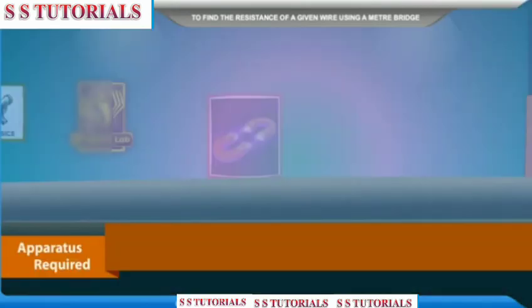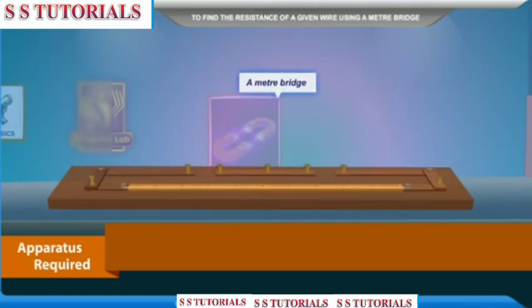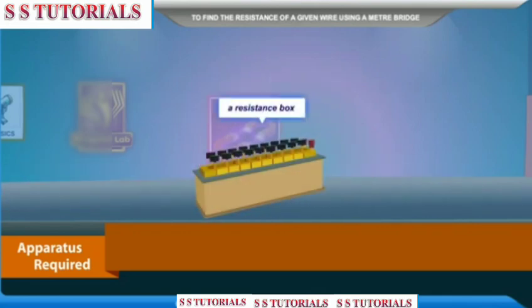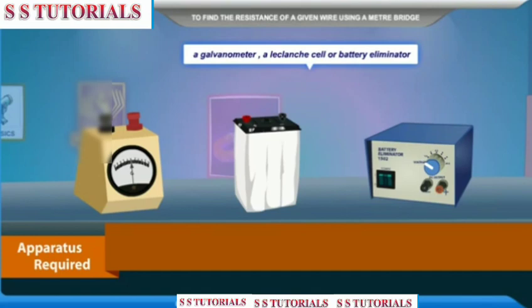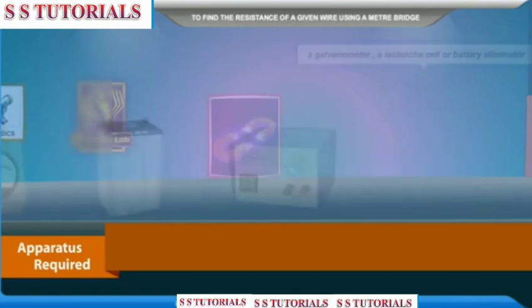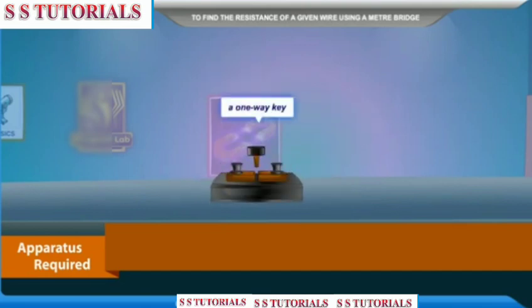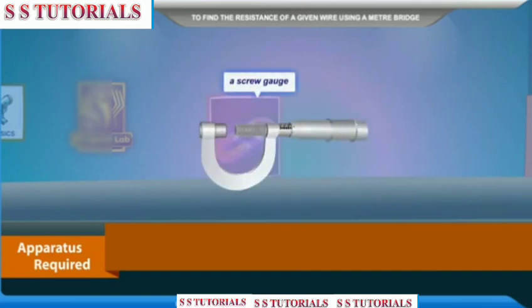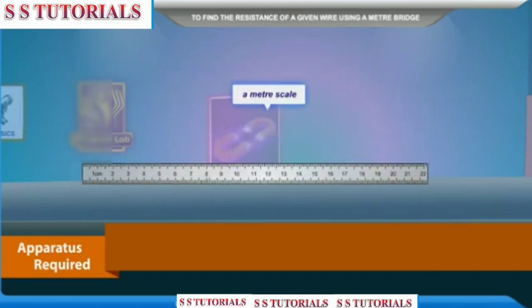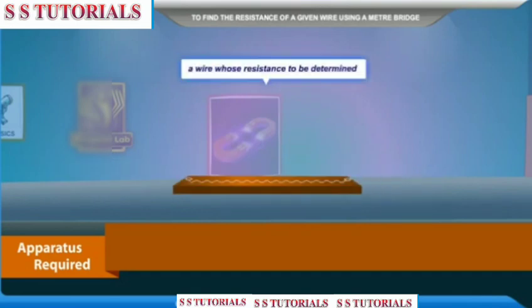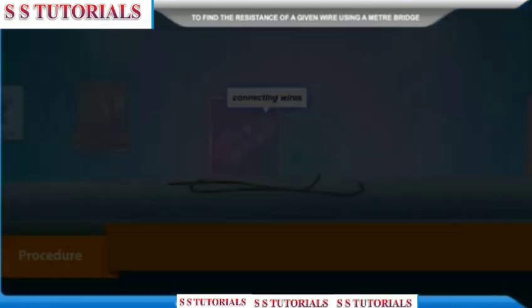Apparatus required are a meter bridge, a resistance box, a galvanometer, a Leclanche cell or battery eliminator, a jockey, a one-way key, a screw gauge, a meter scale, a wire whose resistance is to be determined and connecting wires.